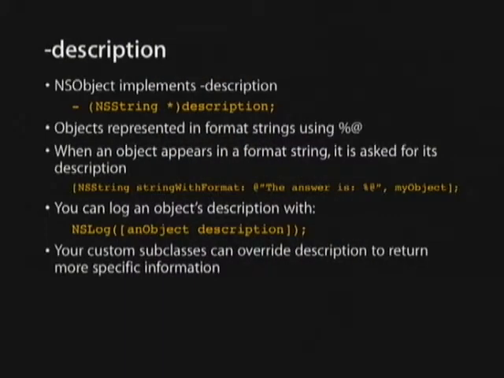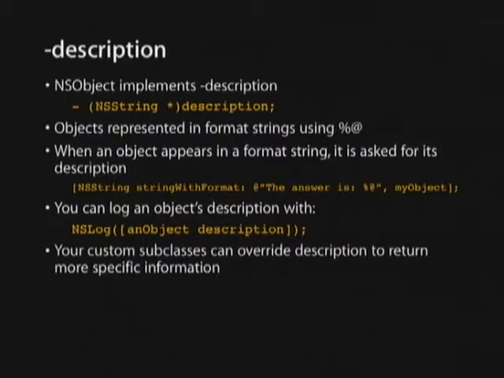And now description. All NSObjects have something called a description, which allows you to print some information about it. By default, description returns the pointer and the type of the object. So, in this case, we can say string with format.